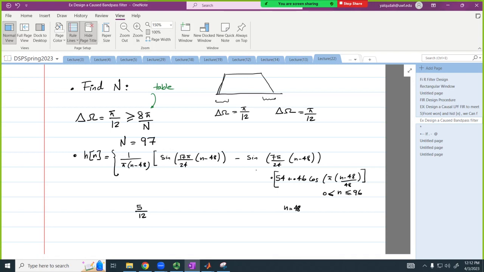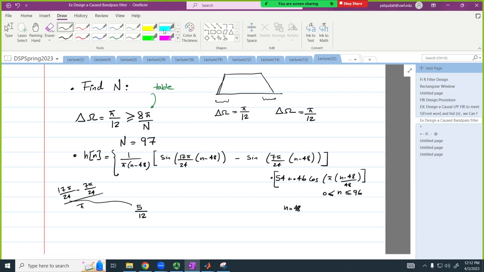The ideal filter multiplies the window. And this 5 over 12 is 17 pi over 24 minus 7 pi over 24, over pi.